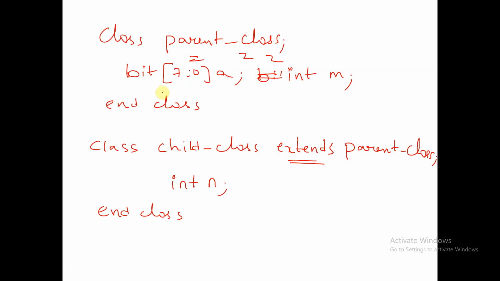For example, within an initial begin block, we'll create a handle for my child class, say child_class ccl, and I will use ccl is equal to new.